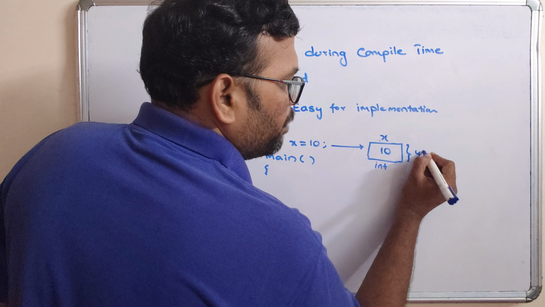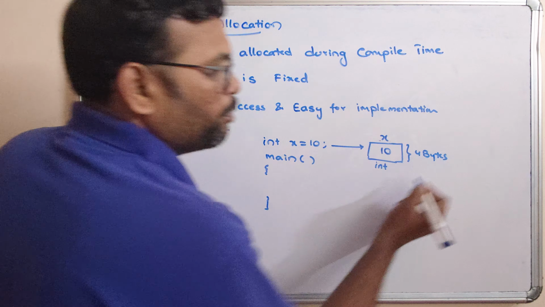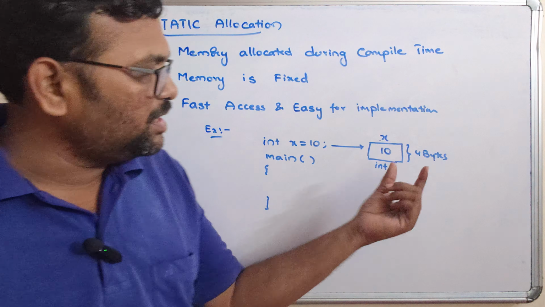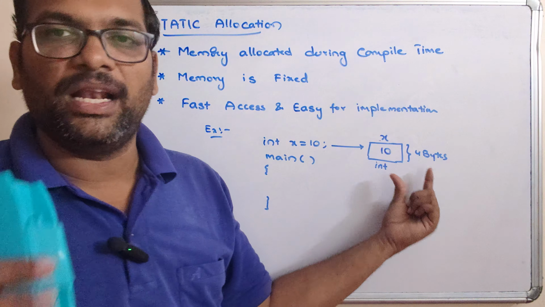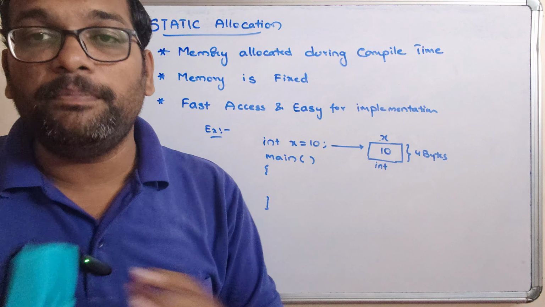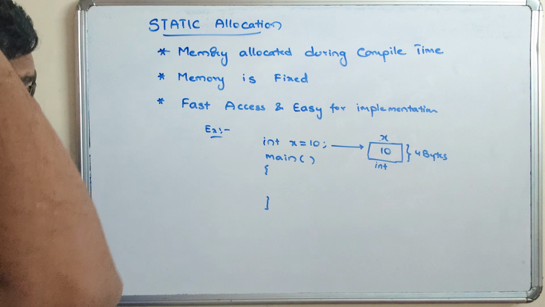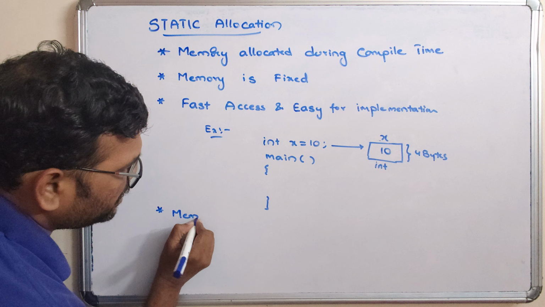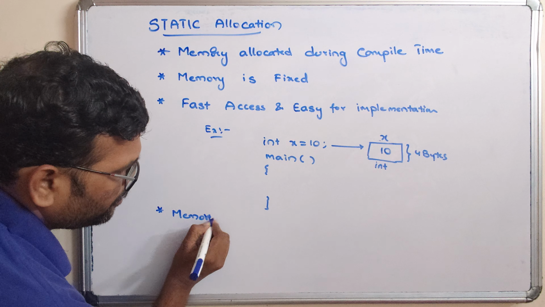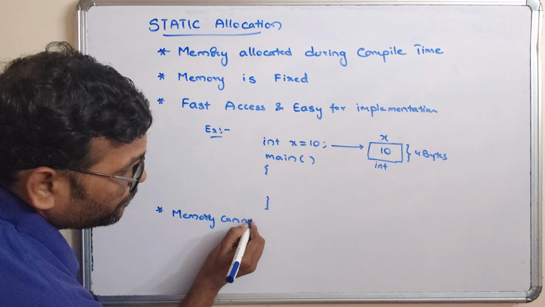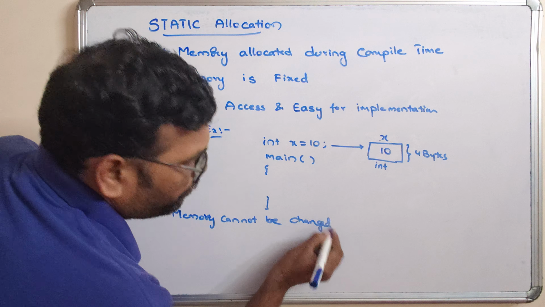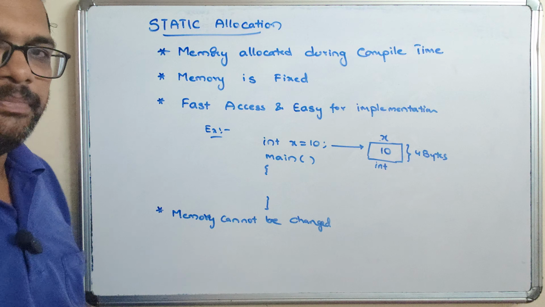Here it will occupy some 4 bytes of data. Before execution, this particular memory will be allocated, and it cannot be changed. Once allocated, the memory can't be changed.